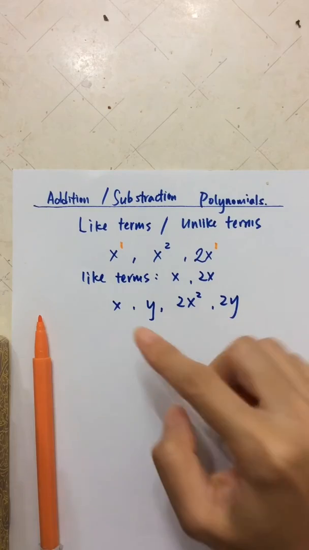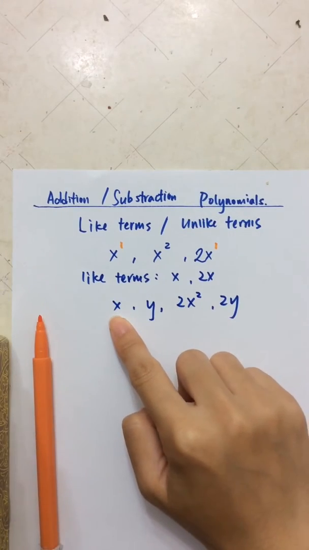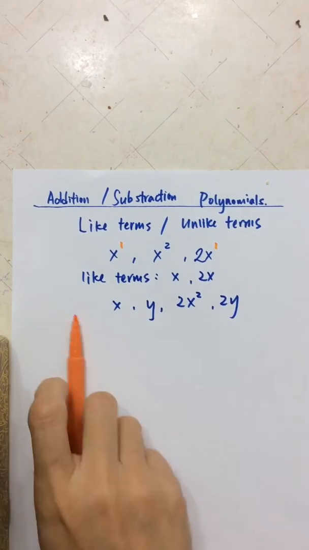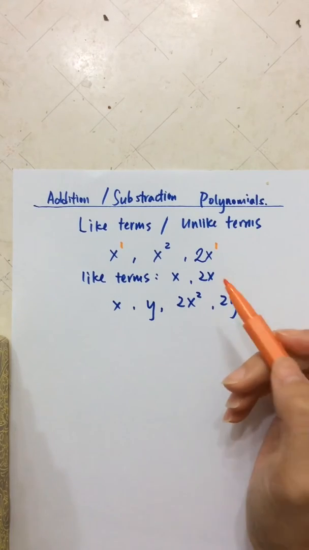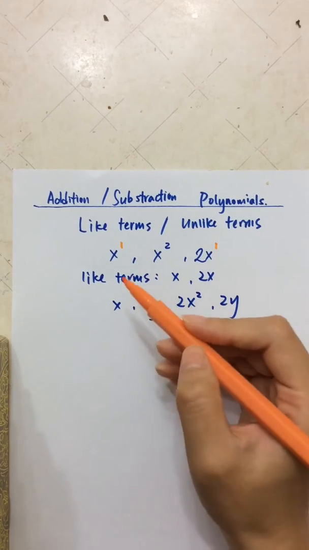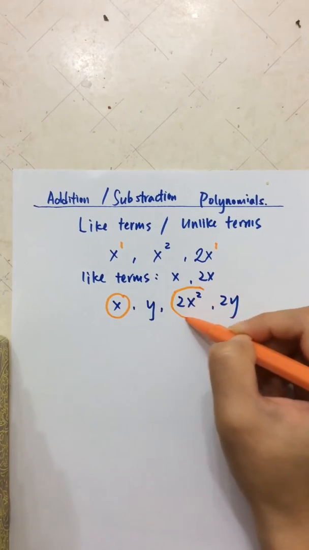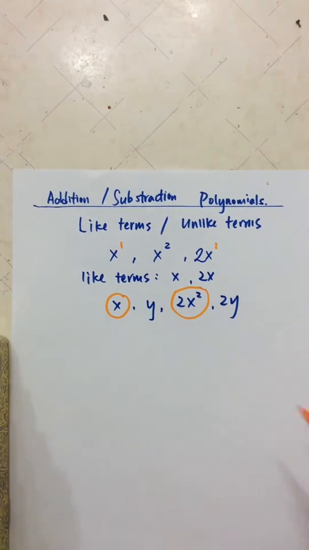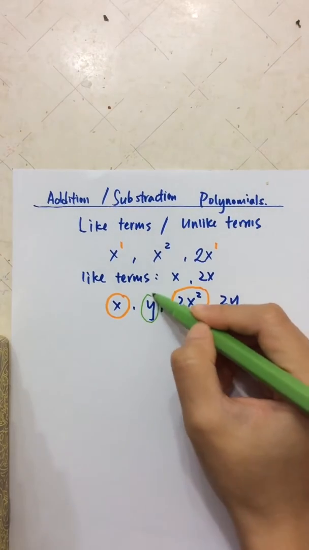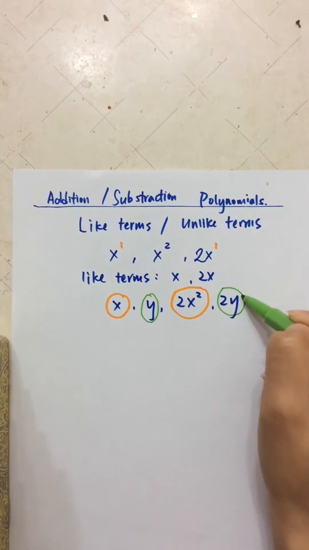There should be 2 unknowns, x and y. So first we need to separate into 2 groups. The first group should be x, and then 2x squared. And then another group should be y, and another one 2y.